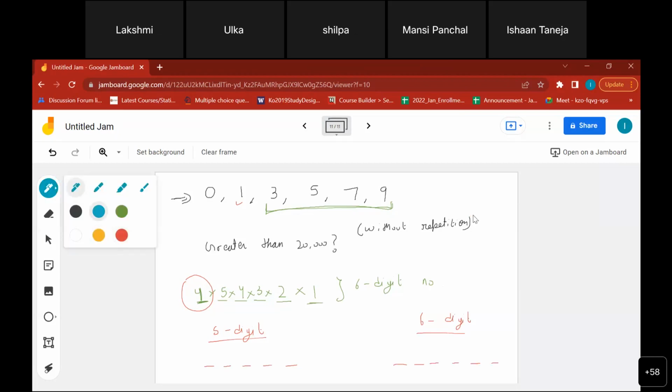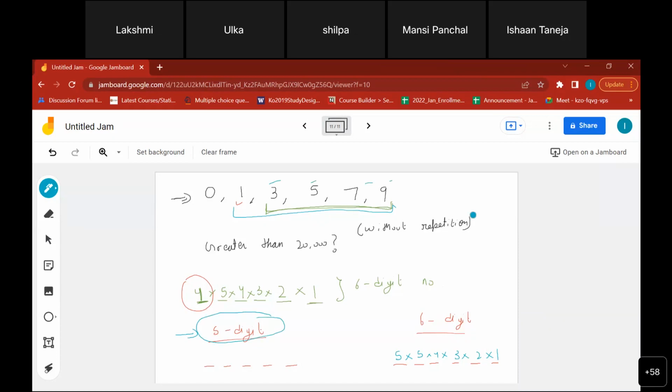The common mistake which people make in this is they don't consider the 5-digit numbers. They only consider 6-digit numbers. They consider that at first place I can have any of these 5, and the remaining I can arrange in 5 into 4 into 3 into 2 into 1. But you also need to take into account the 5-digit numbers which start with either 3, 5, 7, or 9, because these numbers would be greater than 20,000 too, right?